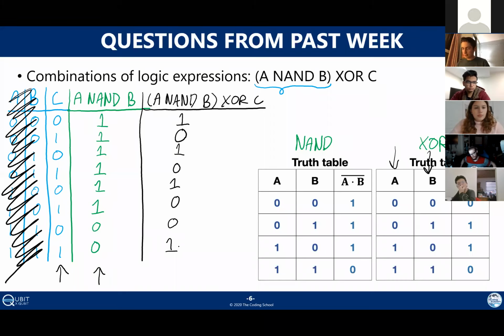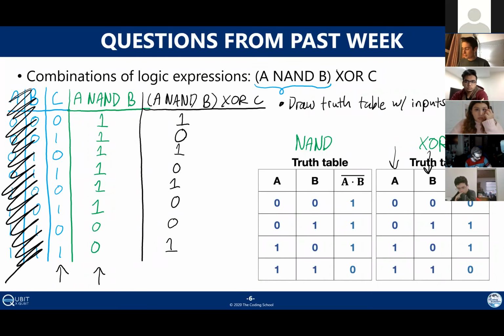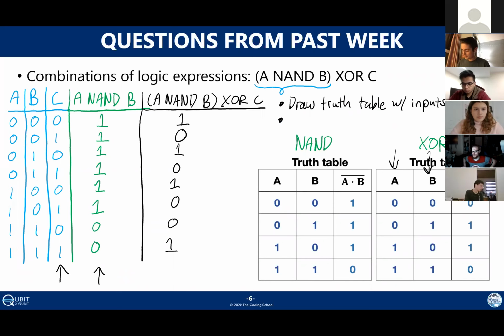Just to kind of summarize how I did that. First step was to draw the truth table with all of our inputs. So remember, we had A, B, and C as inputs, and so we had to draw our truth table with 3 input columns.